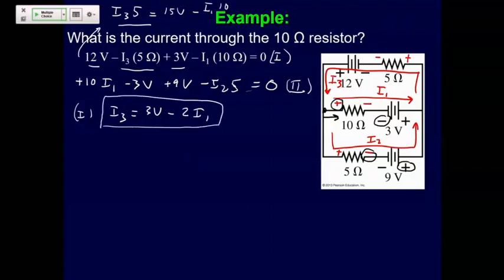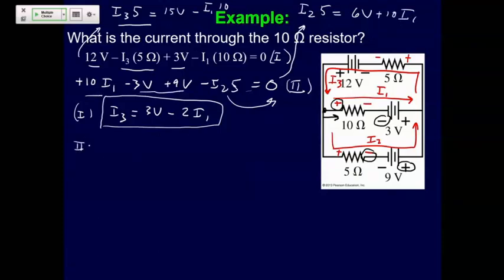Again, my goal is to get I3 as a function of I1. If I take this one over here, again, I'm trying to get I2 as a function of I1. So if I do this, I get I2 times 5, so I swing that to the negative side of the equation, and then I'm left with 6 volts plus 10 I1. So I'm left with the difference between these two and then 10 I1.